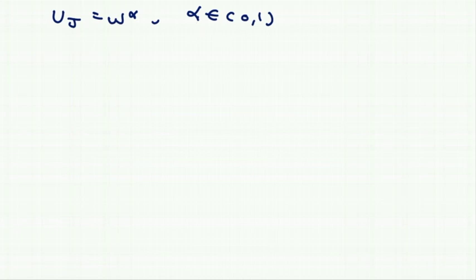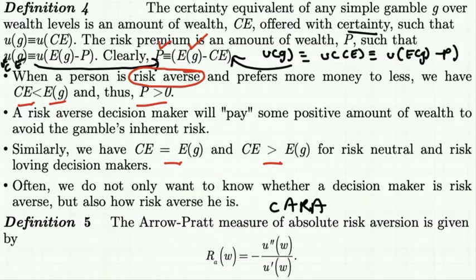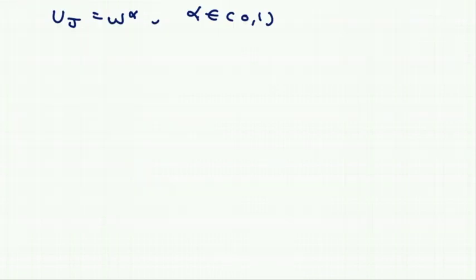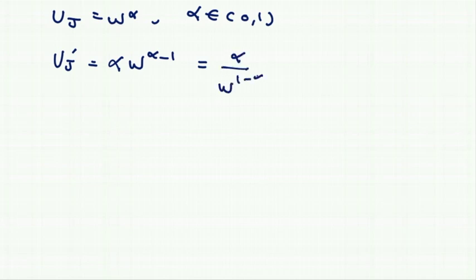Now, if we go back to the formula, we know that we need to find two things: the first derivative and the second derivative of James' utility. So the first derivative of James' utility is given by this. This is very simple maths, yeah? Alpha W to the power of alpha minus 1 can also be rewritten as alpha over W to the power of 1 minus alpha.